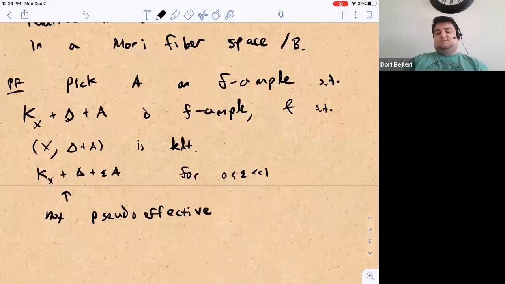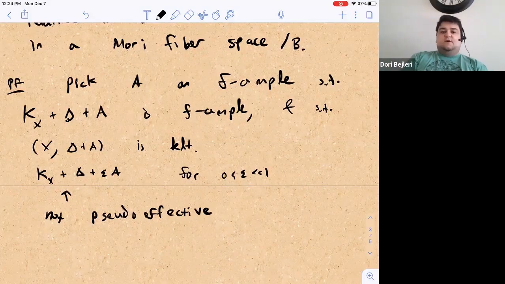And that's because kx plus delta itself is not pseudo-effective. So if we perturb it by a very small ample, then we're not going to add enough sections, or we're not going to add any sections to make it pseudo-effective. We have to add a large multiple of an ample to make it have sections. So we're just going to pick a small epsilon, but still not 0, so that it's not pseudo-effective still.